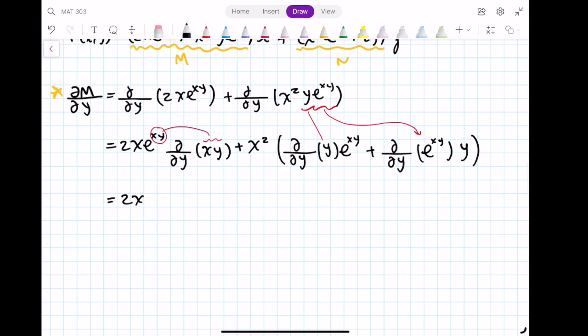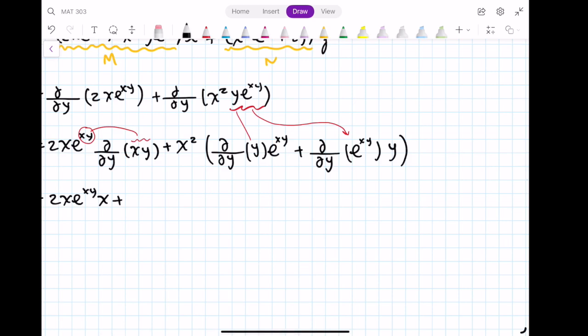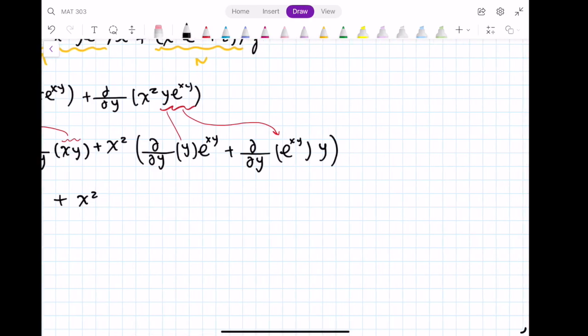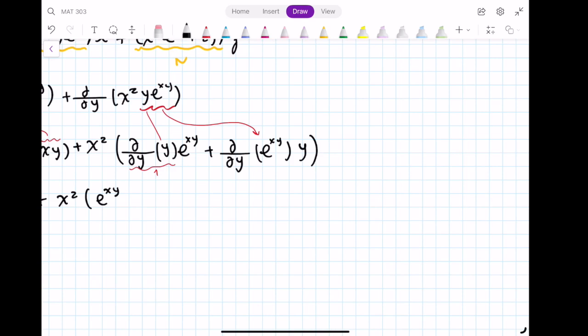Then we're going to solve the rest. So 2x e to the xy. We know that the partial of this will be just x, plus x squared from here, and then solve the rest. So e to the xy will be the same, and here this will be just 1, so we don't need to put it anywhere.